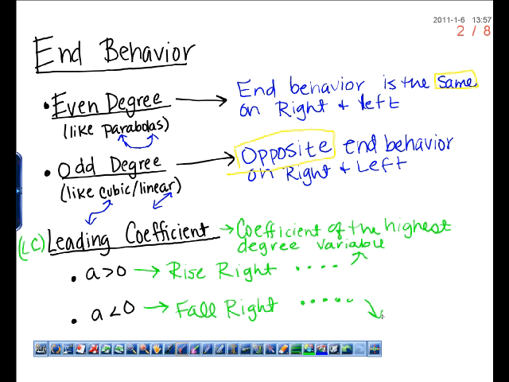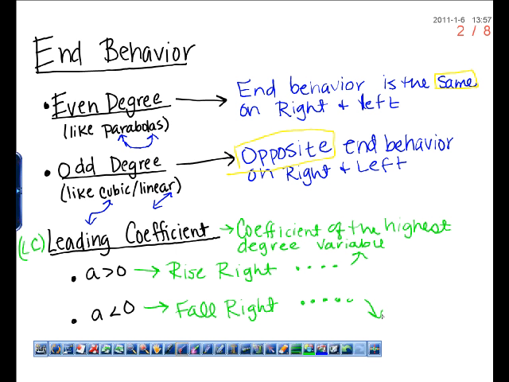So think about parabolas with this. When we had a positive number in front of x squared, which way did our parabola open? Up. So it rose to the right. Also rose to the left, but that's because of the degree being even. When we had a negative number in front of the x squared, which way did it open? Down. So it fell to the right.